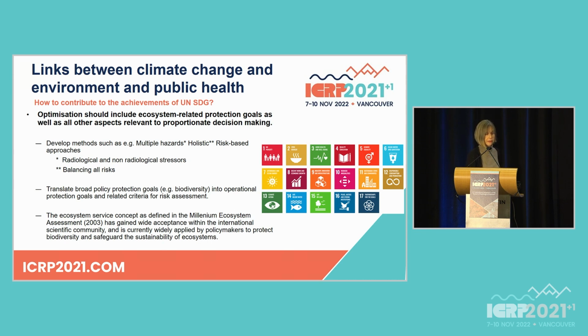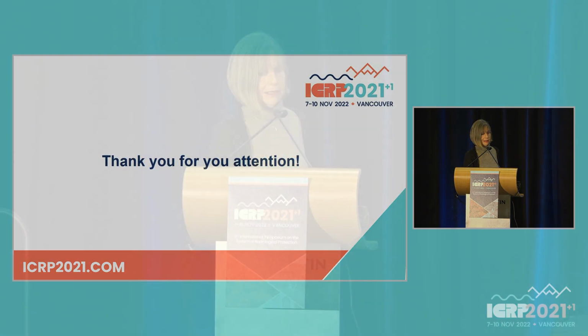We believe that we should be able to translate broad policy protection goals, such as biodiversity, into operational protection goals and related criteria for risk assessment. I'm sure that Nicole will explain better, also during this week, the intentions of the newborn TG 125. And this is my last slide.